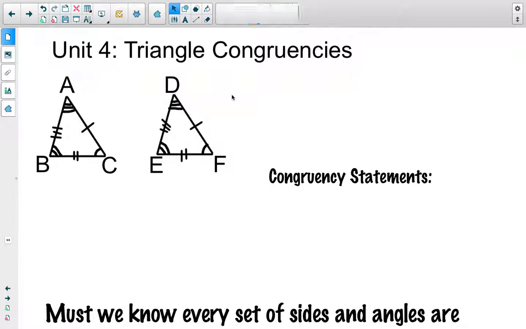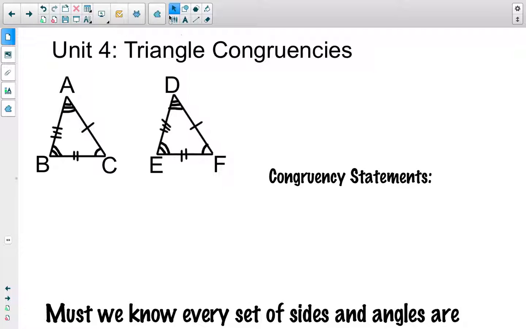If we have two triangles, for instance, triangle ABC and triangle DEF, where every set of sides has a corresponding set of sides on the other triangle that match up with it, like AB is congruent to DE, and AC and DF are congruent, etc. As long as every set of sides is congruent to another set of sides on the other triangle, and every set of angles is congruent to another set of angles on the other triangle, then by default the triangles have to be congruent because everything matches up.